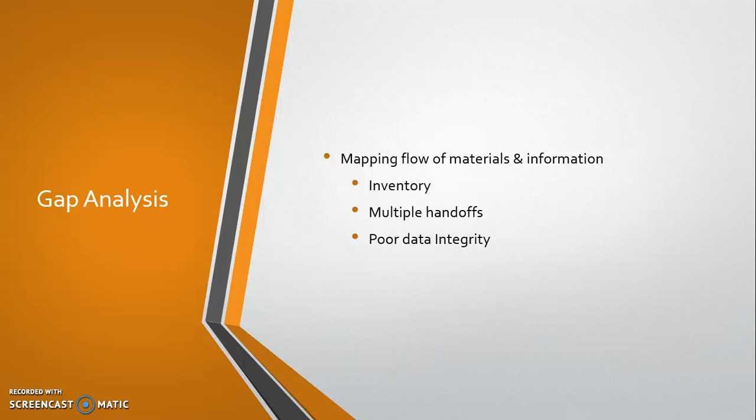Another gap was having multiple handoffs where multiple touch points were identified as wasteful in the areas such as hospital staff and food tray delivery. Another gap was poor data integrity where paper records were causing duplications and isolated software needing information to be retyped.